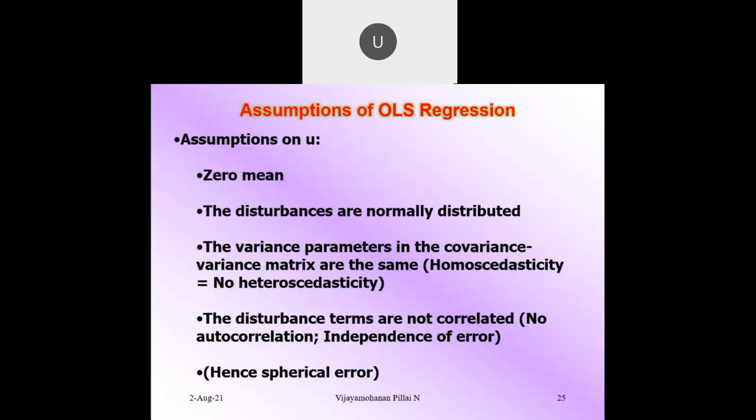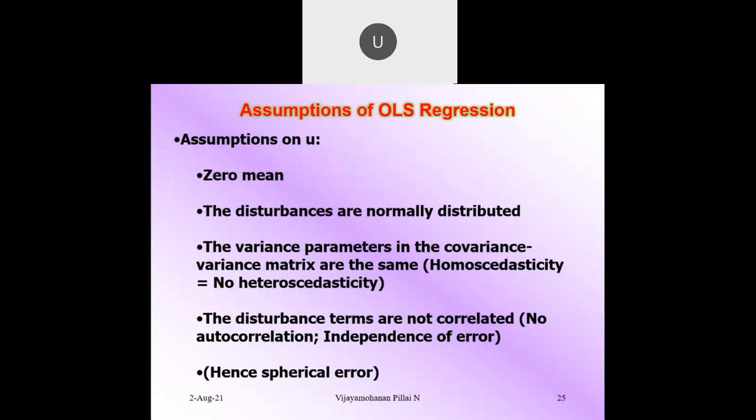If it is normally distributed, then we have a normally distributed spherical error or Gaussian spherical error, because the normal distribution also is called Gaussian distribution. So if this normality assumption also is satisfied, then we have a Gaussian spherical error. Otherwise, with zero mean, homoscedasticity and no autocorrelation, we have a spherical error.